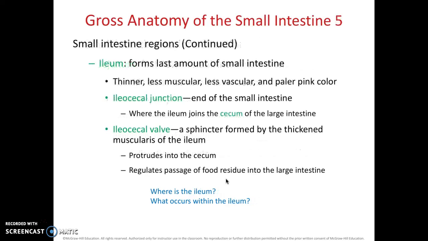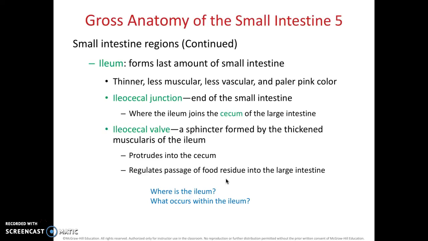Okay? And then we have the ileum, which is the last part of the small intestine. This is thinner, less muscular, less vascular, and because of that, it's going to be paler pink. It ends with the ileocecal junction, where the ileum is going to join the cecum of the large intestine.